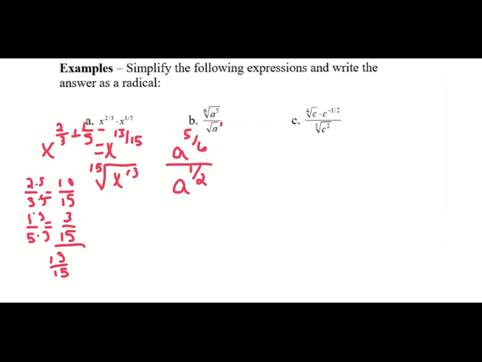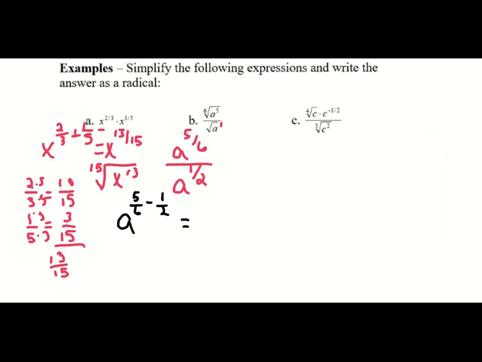Now, if you recall, with powers, when you're dividing them, you subtract your exponents. So I really need to do A, and then I need to do 5/6 minus 1/2. So again, I need to come up with a common denominator.